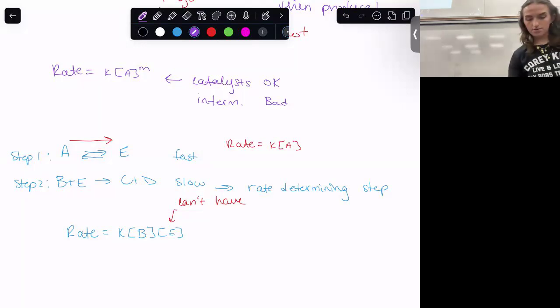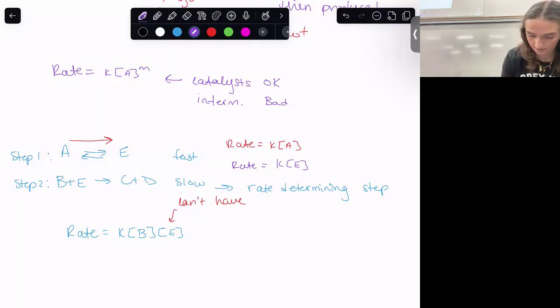So the rate for the reverse reaction is k times [E]. What can we say about the red rate law and the purple rate law if it's at equilibrium? The rates are the same, right? It's happening in the forward and the reverse reaction at the same time. The rates of the reactions are equal.